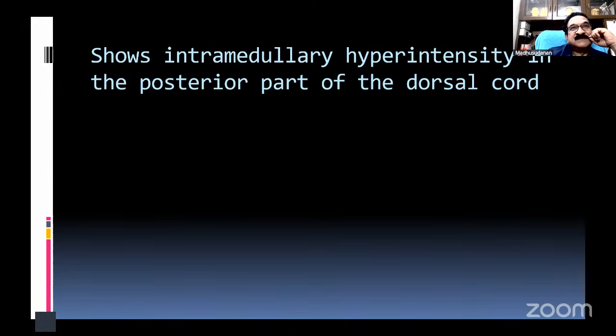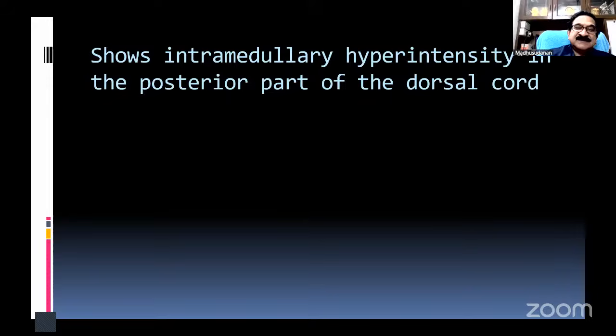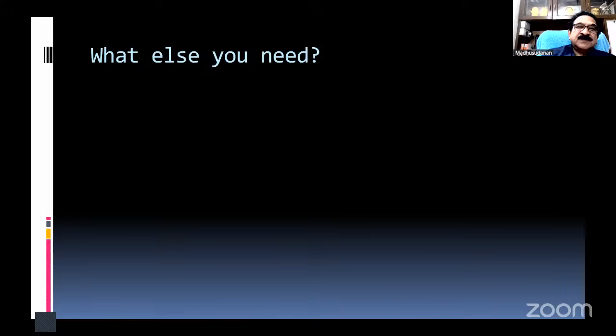What is your impression? Should we go after that or think it is an unrelated problem? The signal changes are posteriorly located, but the patient has motor weakness. Correct. Okay, so CSF is also normal.